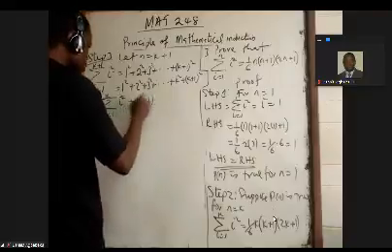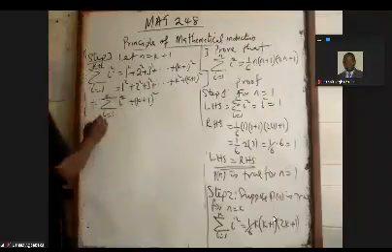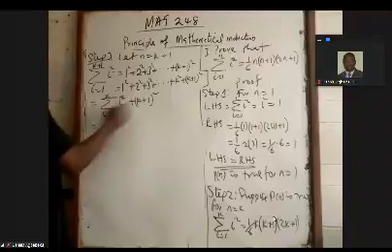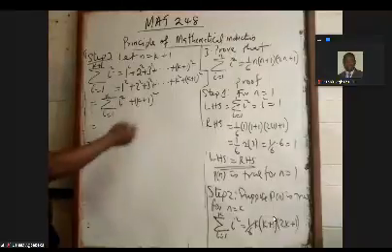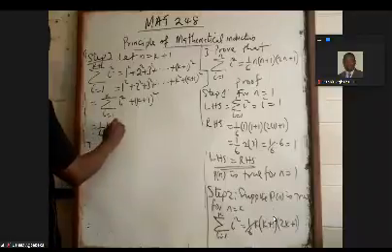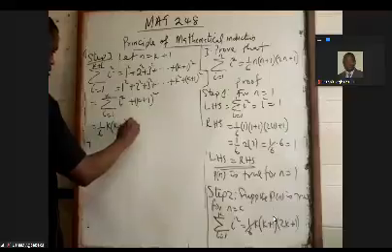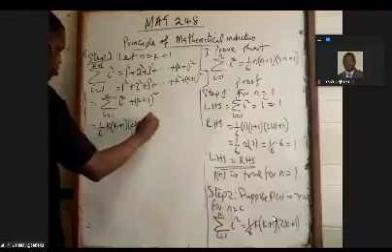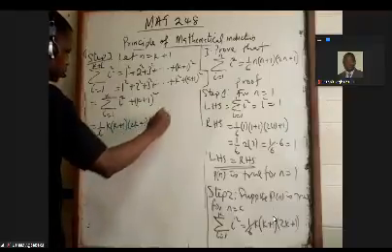Now simplifying this further, we have (k+1) in bracket: this gives me k(2k+1) plus 6(k+1), everything over 6.